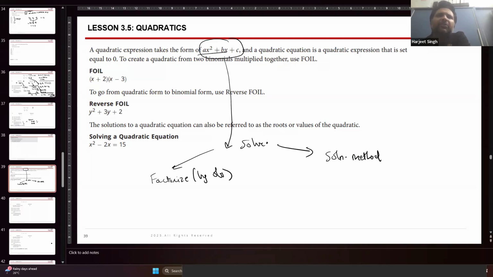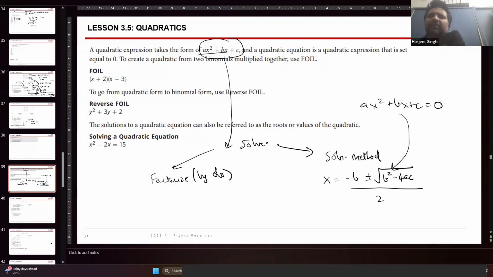So if this is your equation, ax squared plus bx plus c equal to 0, the solution method will give x value as minus b plus minus root of b square minus 4ac divided by 2a. This is when we cannot factorize. We should use the solution method.